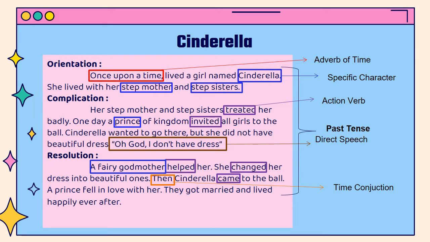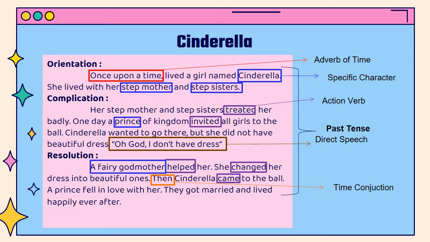The specific characters are Cinderella, stepmother, stepsister, prince, and a fairy godmother. The action verbs are treat, invite, change, help, and came. The time conjunction in this narrative text is then. And all the text of Cinderella uses the past tense.